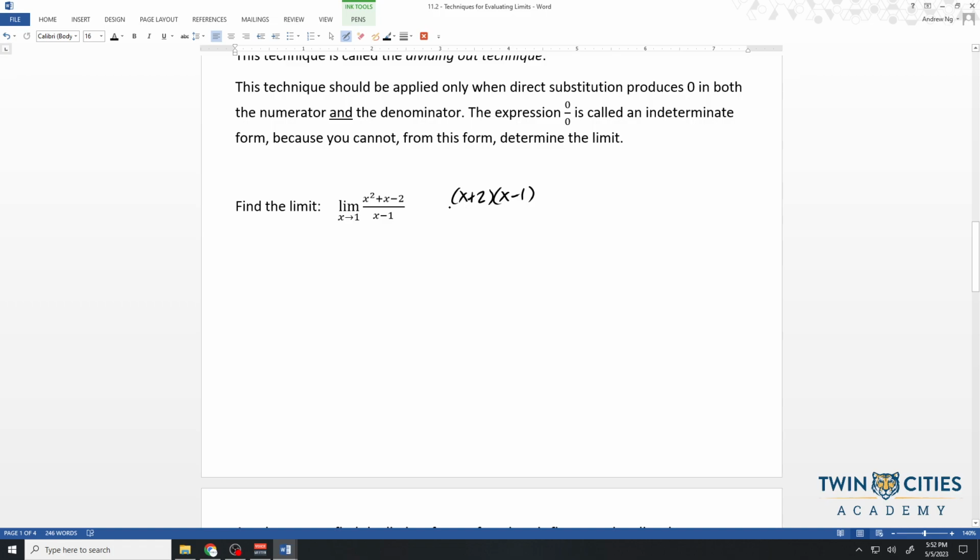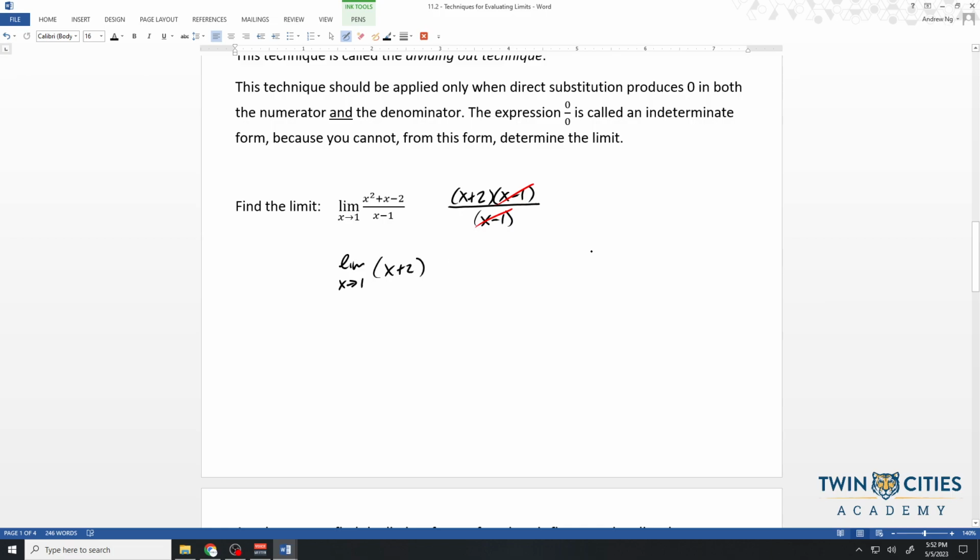And this is all over x minus 1 on the bottom still. All right, top has an x minus 1, the bottom has an x minus 1. These will divide out, which tells me that the limit as x approaches 1 of my original function is the same as the limit as x approaches 1 of just x plus 2.